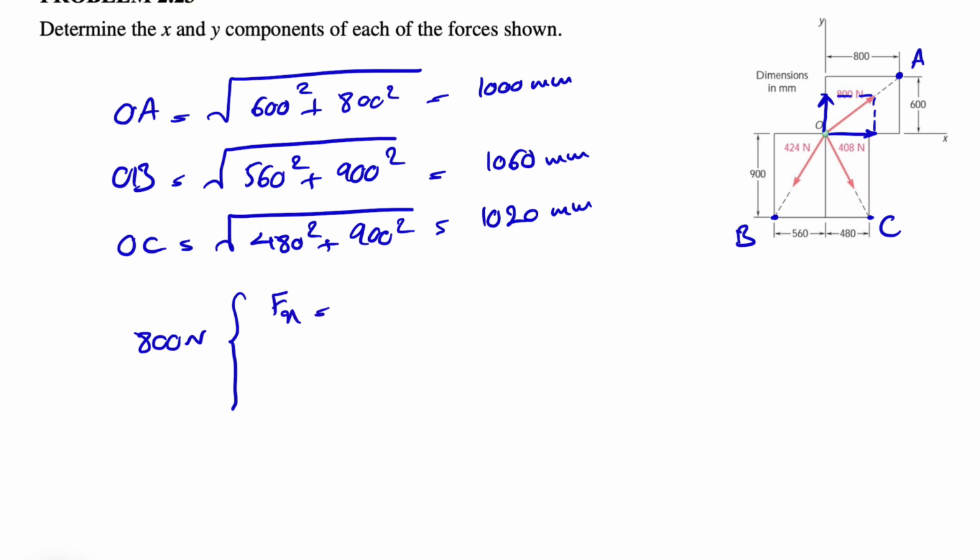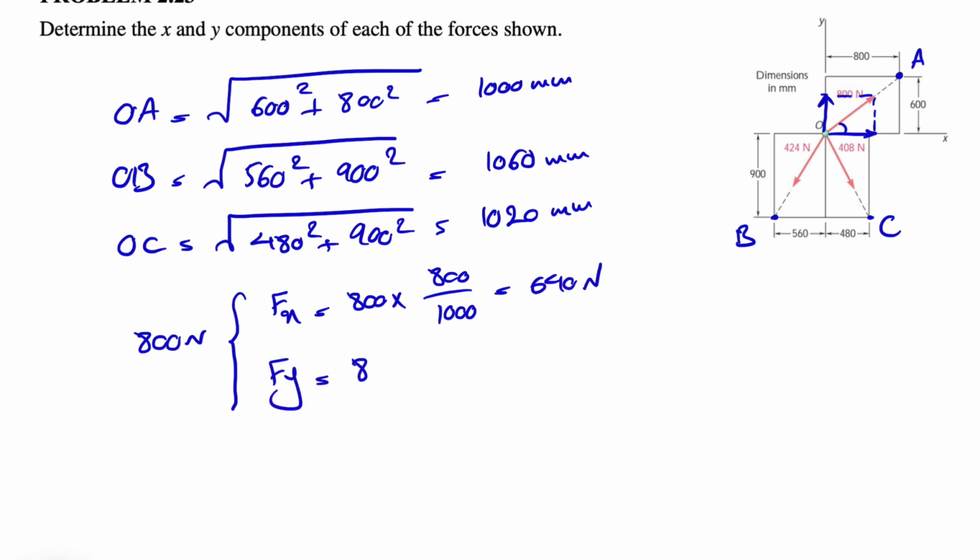The Fx will be, if we consider this angle as our angle with x-axis, the magnitude, which is 800 times cosine of that angle that we show, which would be the adjacent over hypotenuse, or 800 divided by 1000. So that's going to be 640 Newton.